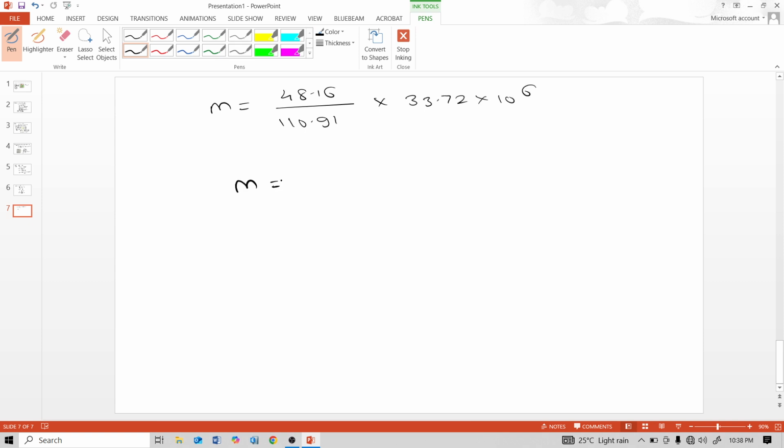Therefore, the moment of resistance comes to 48.16 multiplied by 33.72 multiplied by 10 raised to 6 divided by 110.91, which is 14.64 into 10 raised to 6 Newton mm.